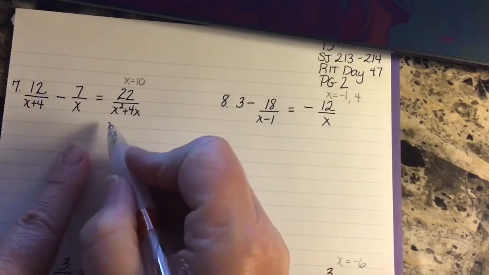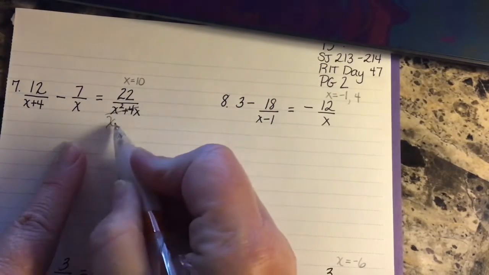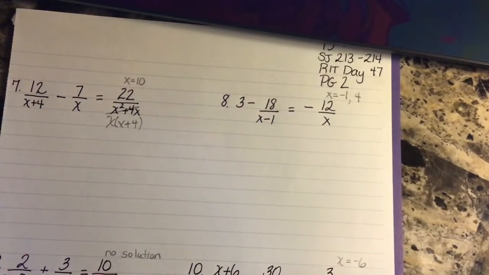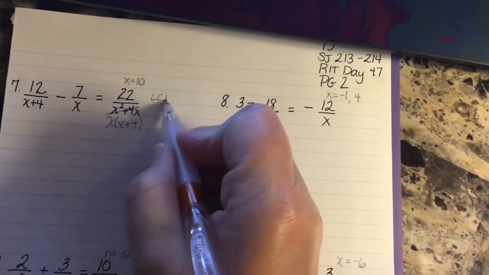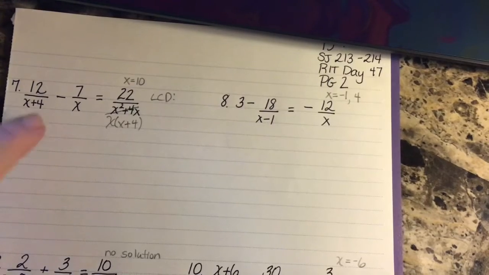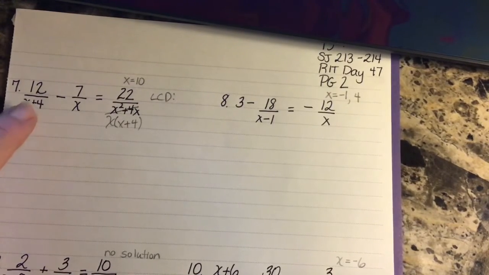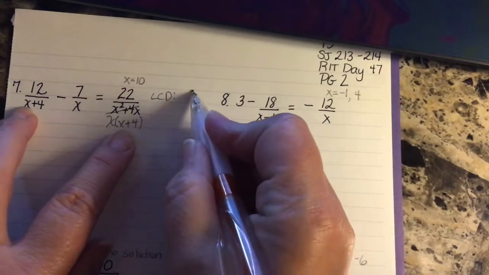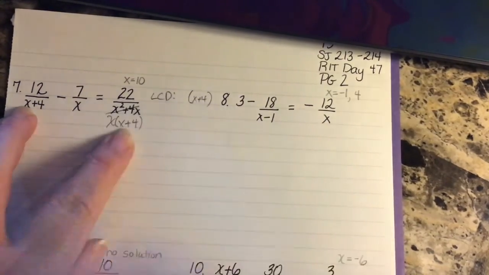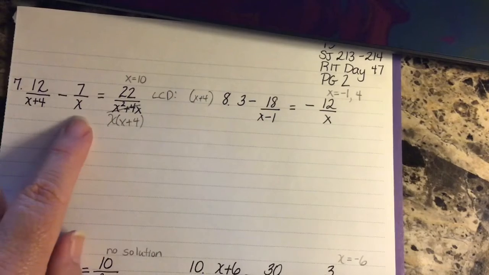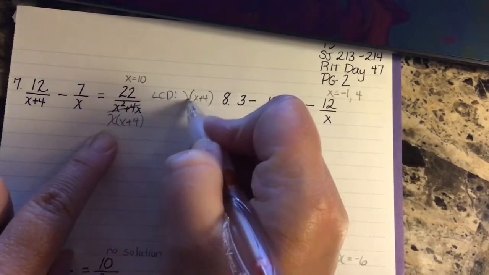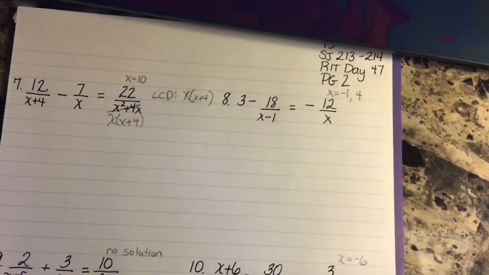You need to make sure to factor your denominators if you can, so that then you can look for your least common denominator. So as I look at this, I've got a binomial x plus 4 and a binomial x plus 4. That's part of my least common denominator. Then I have a monomial x and a monomial x. That also is part of my least common denominator.